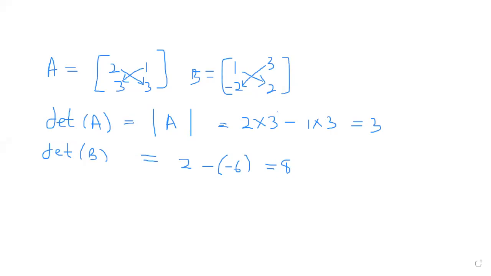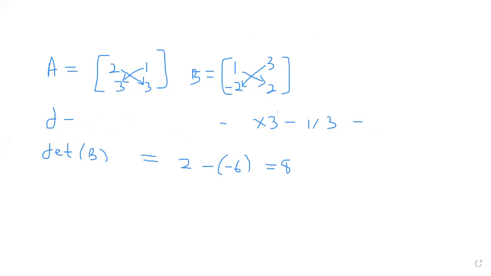Now, what about a 3 by 3 matrix? It's also very simple. It follows almost the same logic, just the introduction of 2 other terms. So let's take a 3 by 3 matrix.